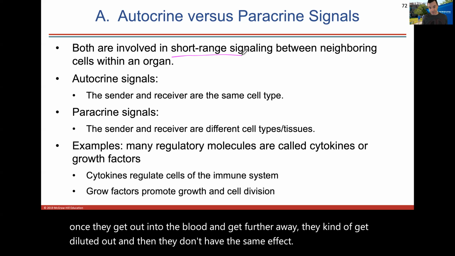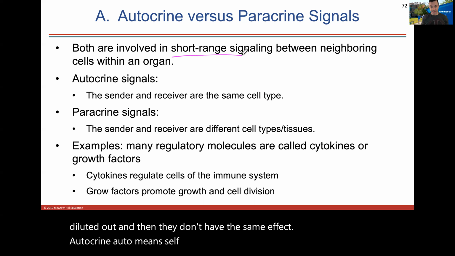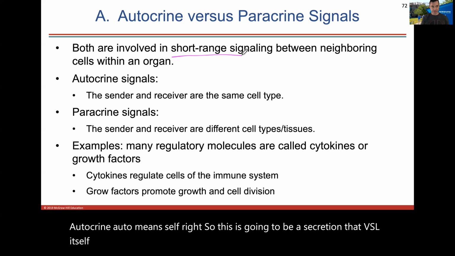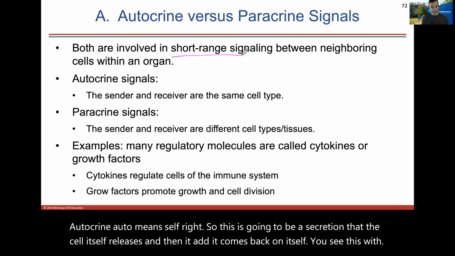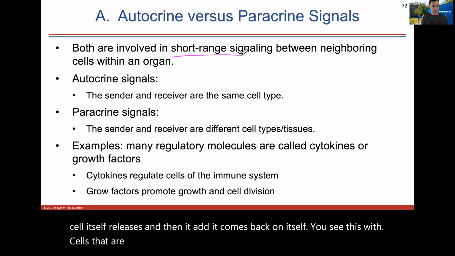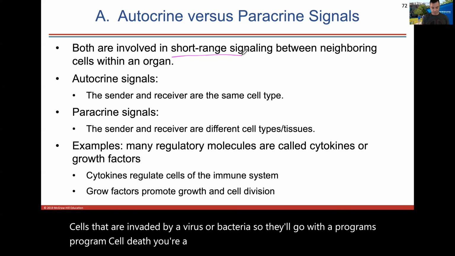Autocrine, auto means self, right? So this is going to be a secretion that the cell itself releases, and then it comes back on itself. You see this with cells that are invaded by a virus or bacteria. So they'll go with programmed cell death here, apoptosis. You see it with macrophages, with interleukin 1.